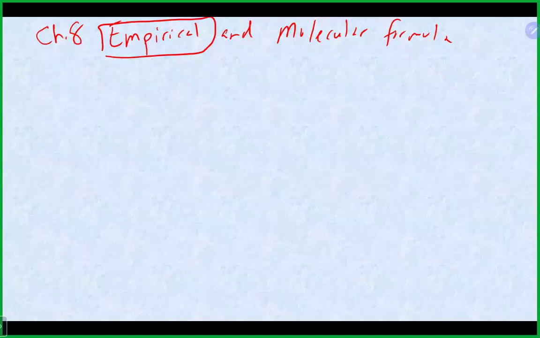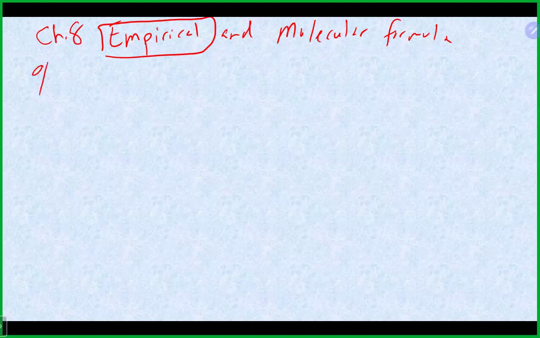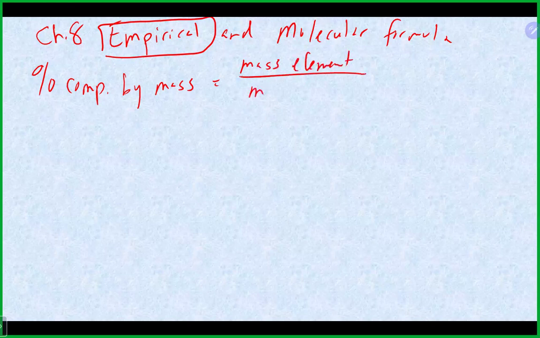So a couple of things that very commonly you are starting with for the empirical formula is the percent composition by mass that we also talked about last time. And basically, to calculate the percent composition by mass, you take the mass of the element you're interested in, and divide by the molar mass of the compound, and you times it by 100%.